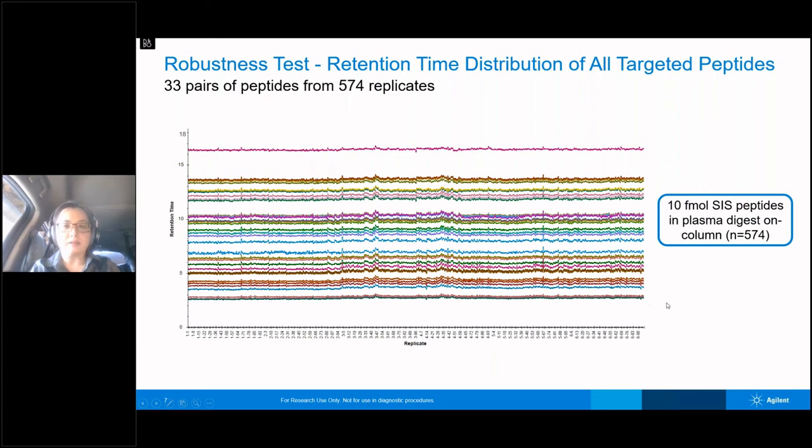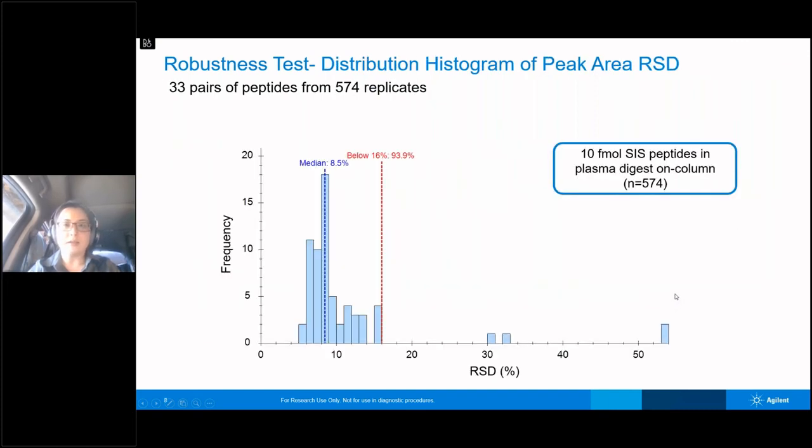This means that the back pressure of the analytical column was not increased during this whole process. Next, let's look at the peak area relative standard deviation. This distribution histogram shows the RSD distribution.